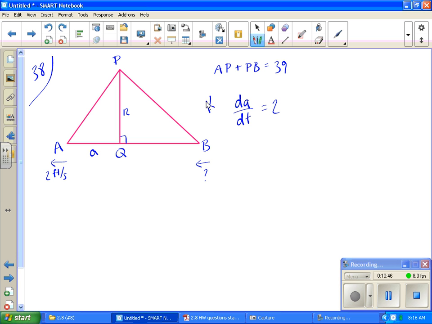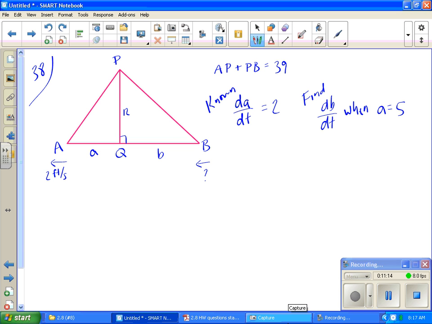So this is my known. I also know this, which might help me at some point. And then I'm trying to find, so maybe we call this B. So we're trying to find how fast car B is moving towards Q. So I'm trying to find what? dB dt. When A is 5. It says when this length is 5 here.